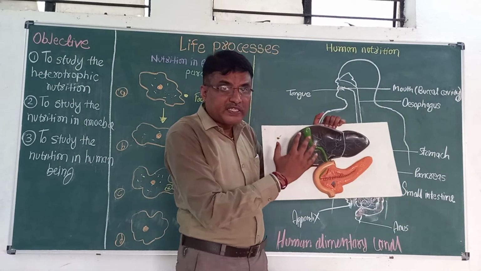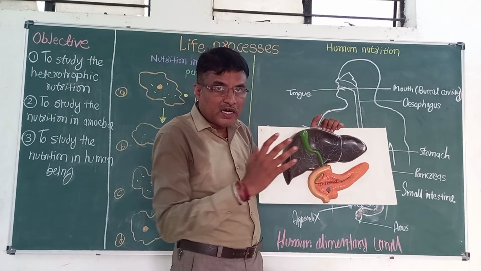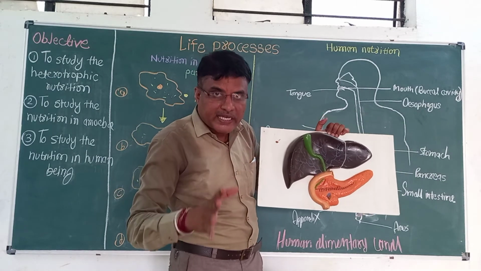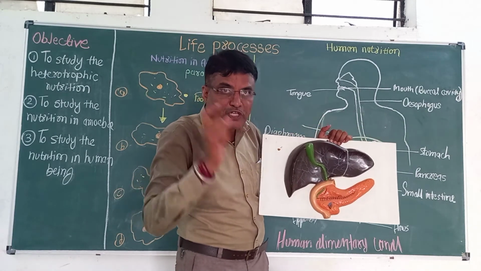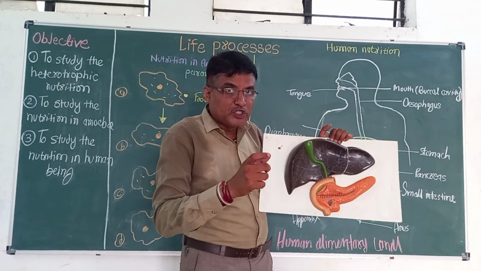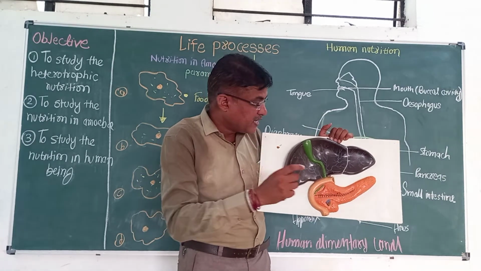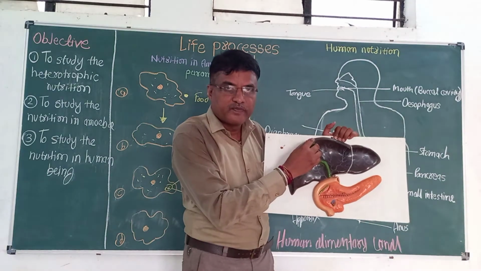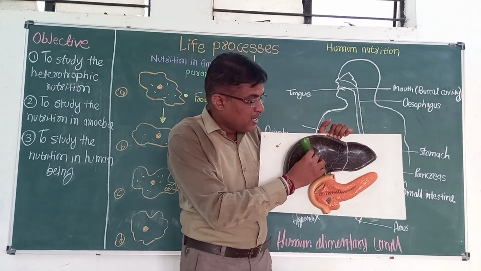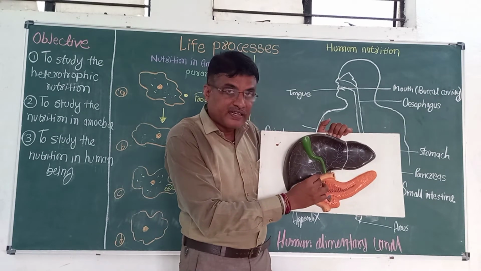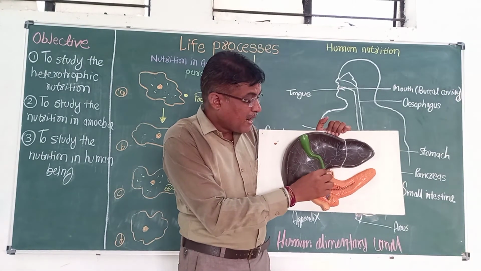The liver has which cell? That is not given in the 10th book. Hepatocytes are the cells present in the liver that secrete the bile juice, and that bile juice secreted by the liver is connected to the gallbladder, and from the gallbladder this bile juice comes in the small intestine through the bile duct.